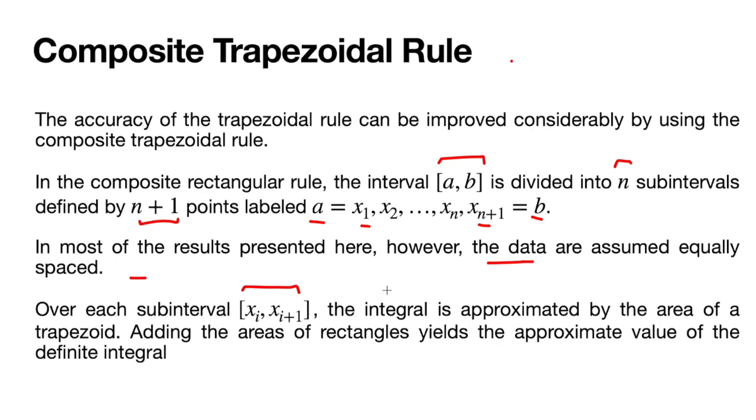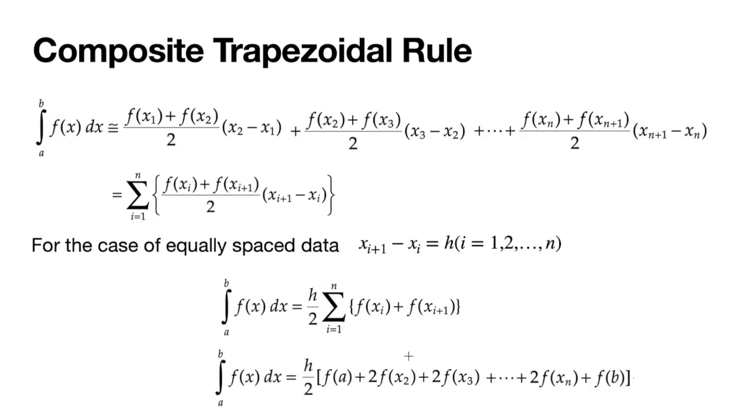For every interval we will have one trapezoid, and then we will add the areas of all the trapezoids to get the final integral. So this is how this operation will go.